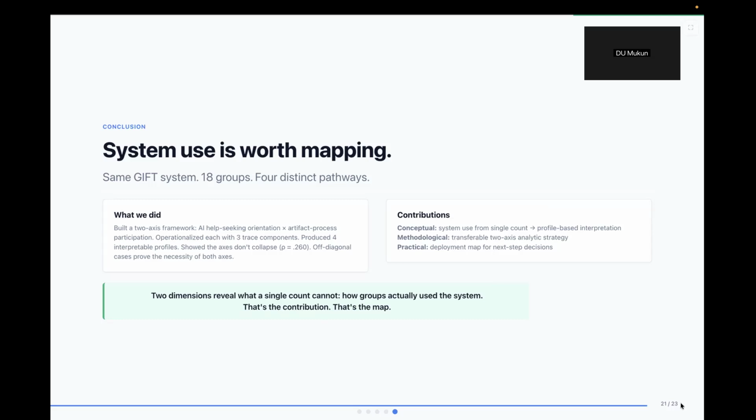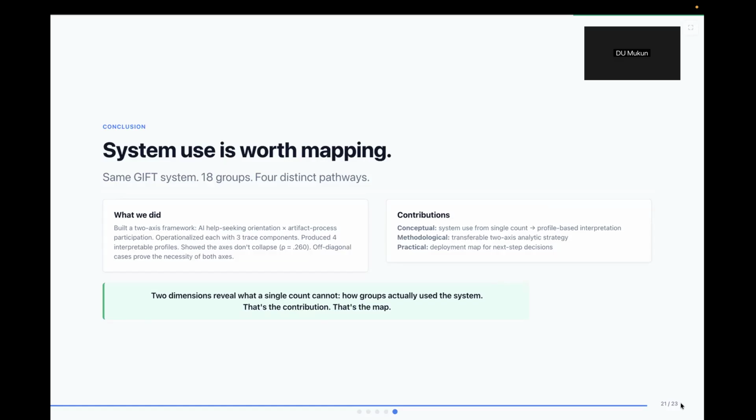We built a two-axis framework: AI help-seeking orientation and artifact process participation. We operationalized it with three trace components or variables. We produced four interpretable profiles, or ways of using.